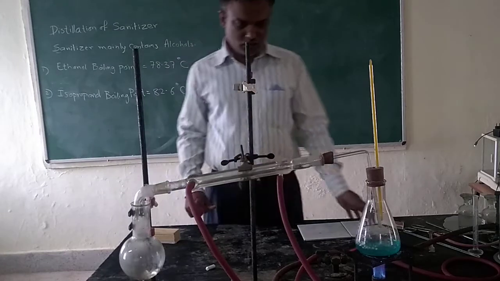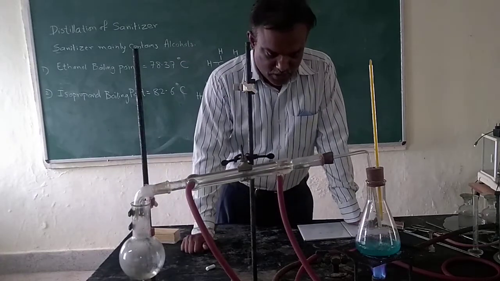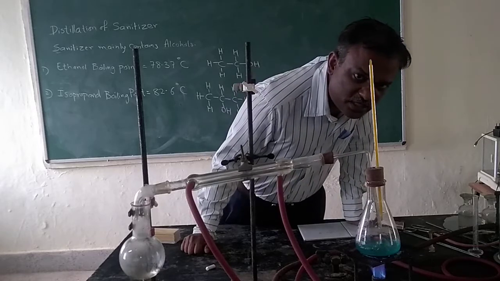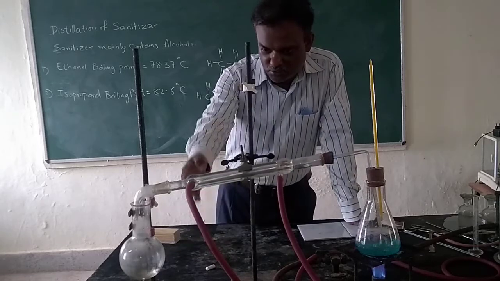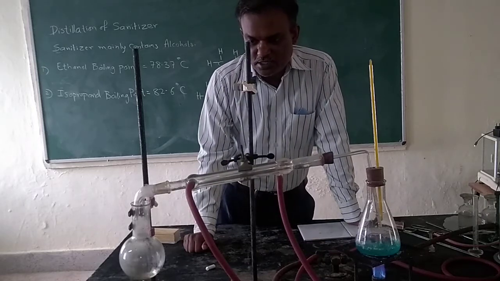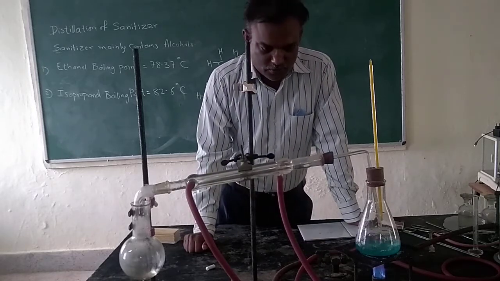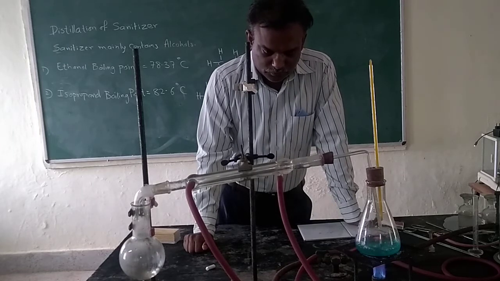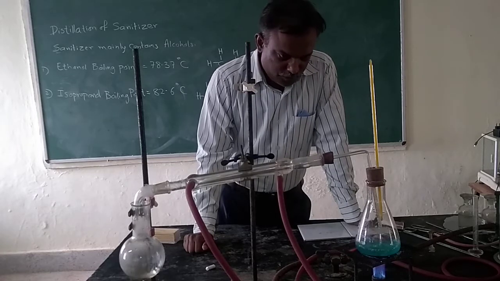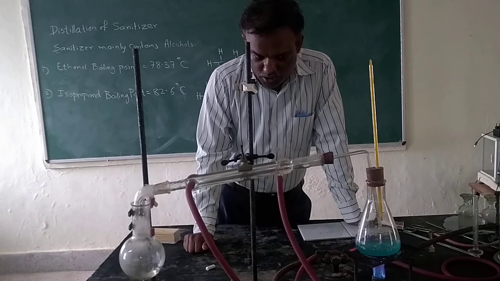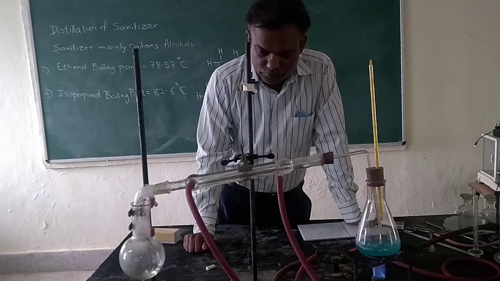So see how the boiling is taking place, and the same temperature is there, 82.6 degrees Celsius, and here you can see that the isopropanol is collected at the other point. We will continue this experiment until we get the whole isopropanol out.